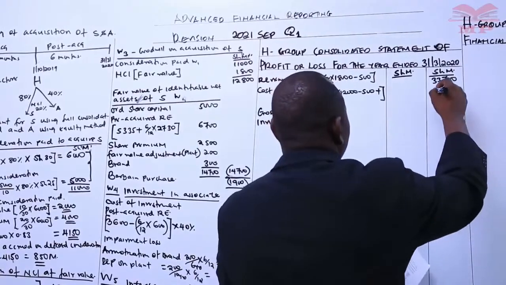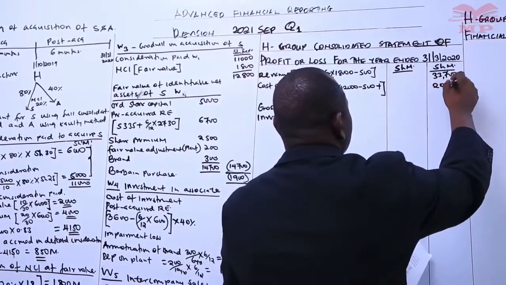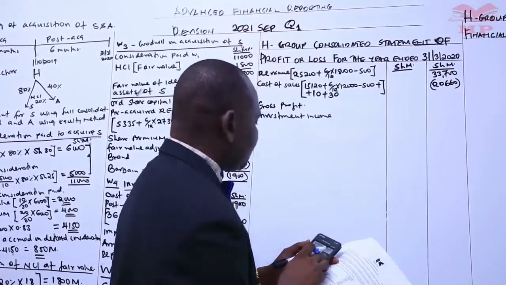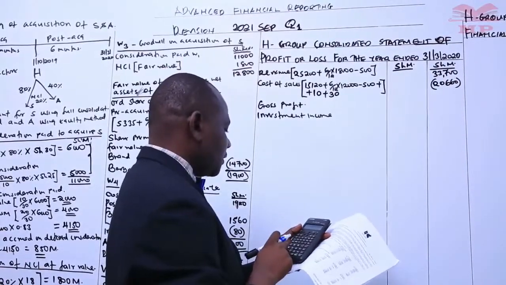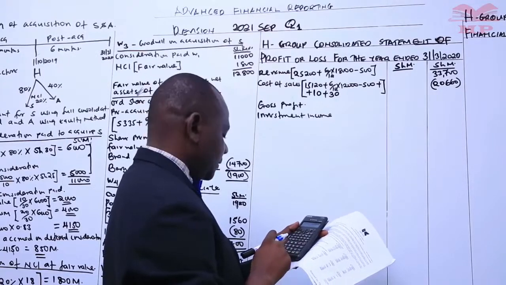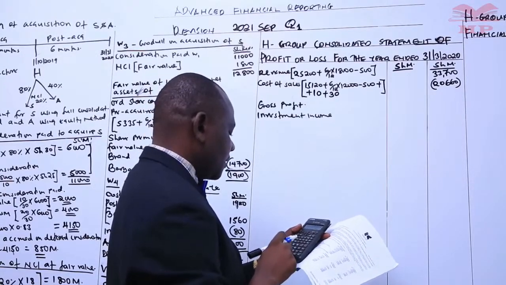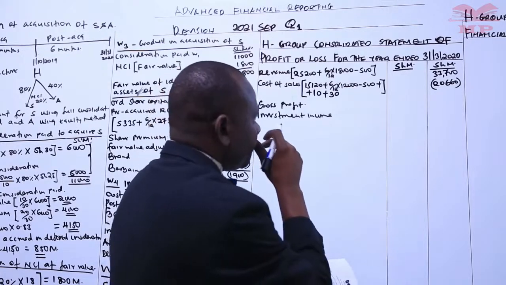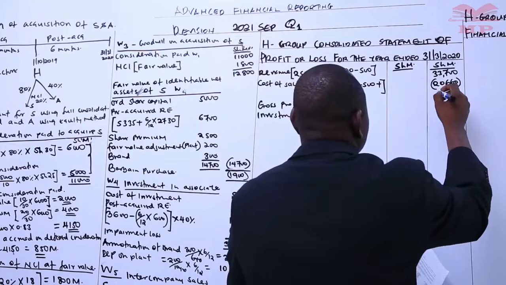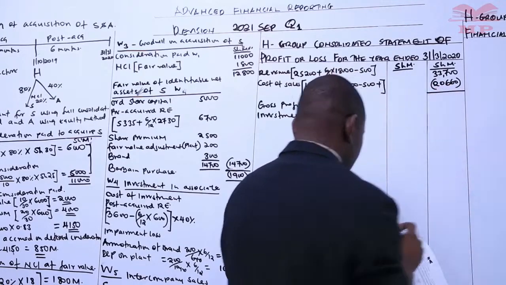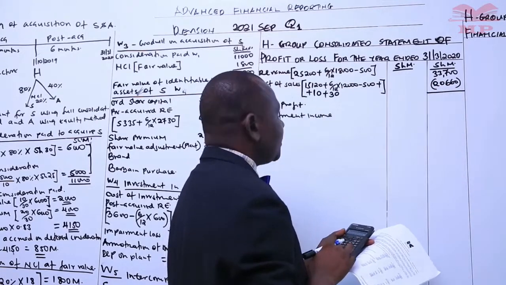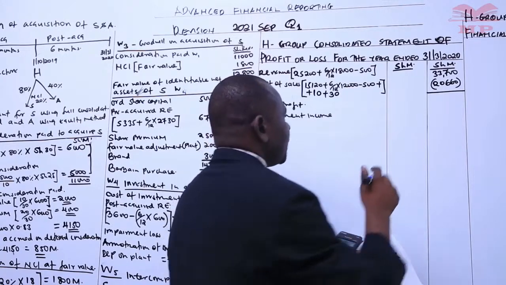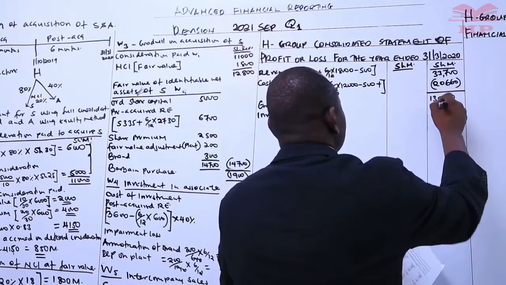2,660. We can determine that again: 15,120 plus 0.5 times 12,000 minus 500 plus 40. Okay, 2,660. So we get our gross profit. Compare that with 33,700: 13,040.